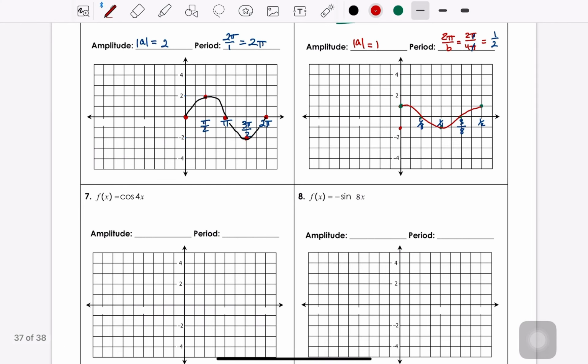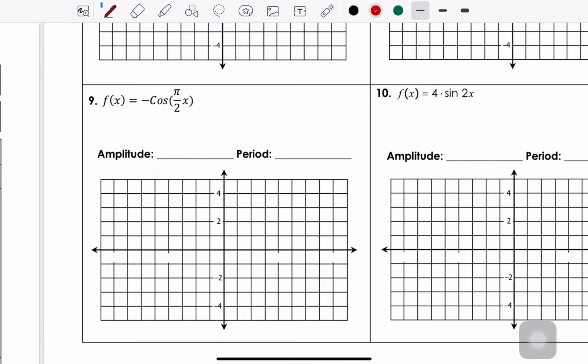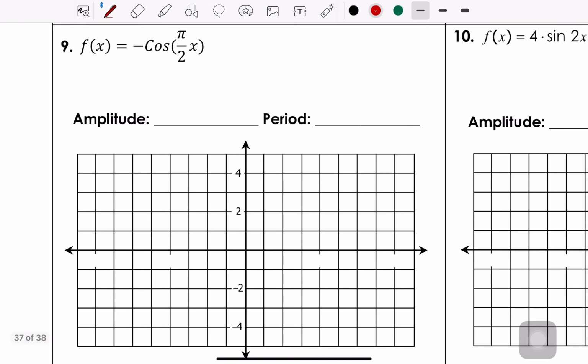Cool. I'm gonna go ahead and just do one more. So let me do negative cosine pi over 2. This one I'm gonna speed up all the way to the graphing portion. Go ahead and pause the video and try it on your own if you want. But our amplitude is still 1, period.